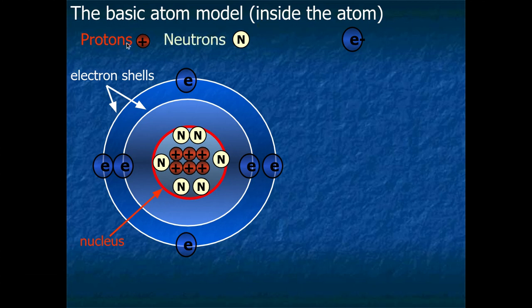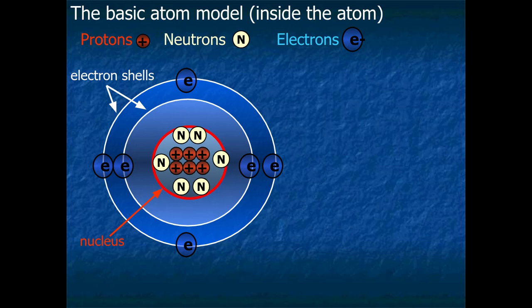Then we have neutrons, which are also situated within the nucleus, and these are neutrally charged particles, and we'll get to their significance in a little bit. And then surrounding the nucleus, we have negatively electrically charged subatomic particles, and these are known as electrons.